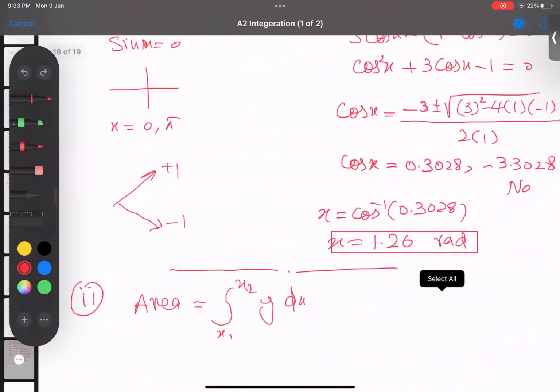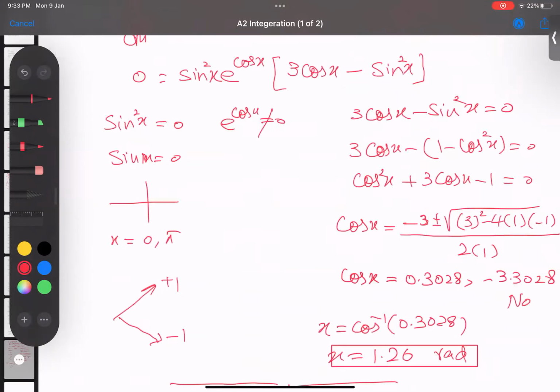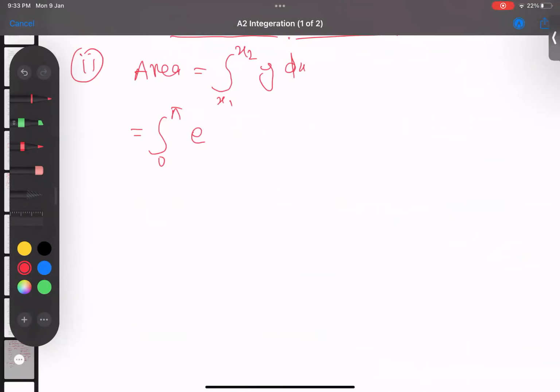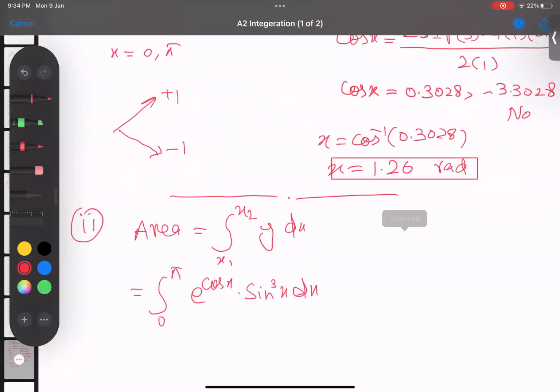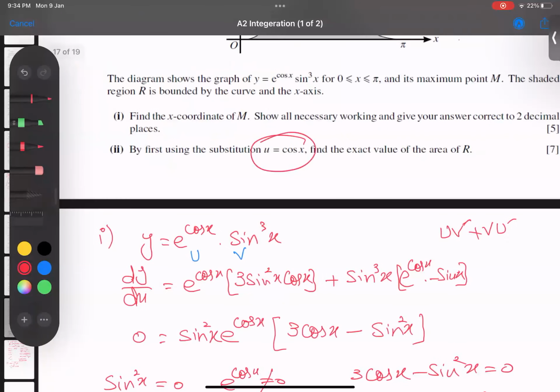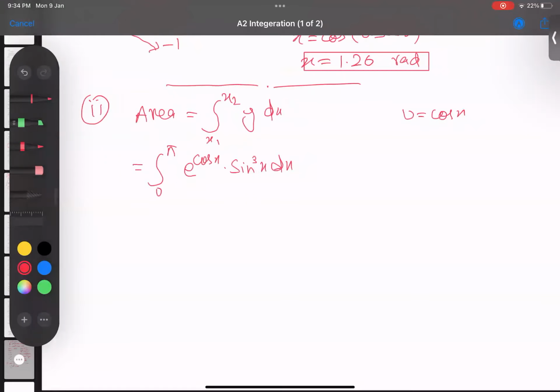So first I'm writing here the integral from 0 to pi of e to power cos x, and sine cube x. Let me recheck. Yeah. Now I can start, but before that he said to use the substitution u is equal to cos x. Have a look here.